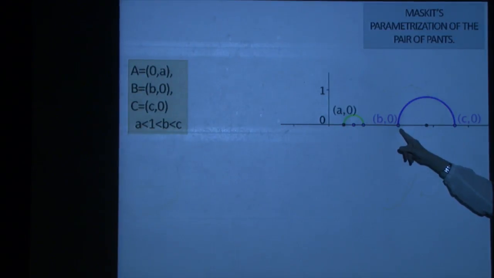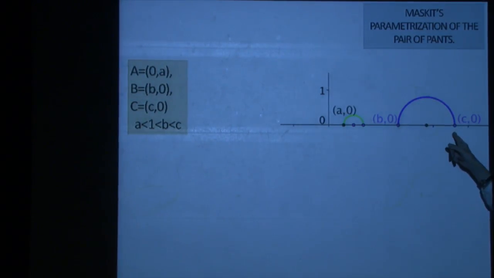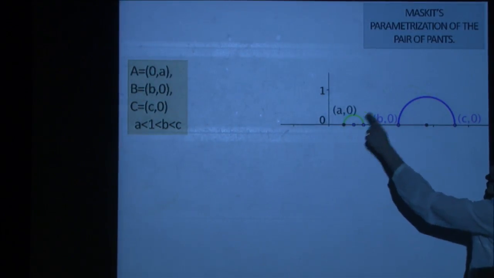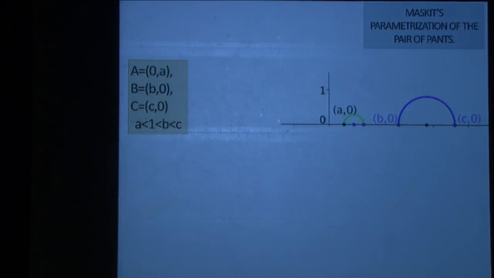B is a number larger than 1, and C is a number larger than B. Then I'm going to draw the geodesics, which, well, you have to trust me, we didn't explain it a lot, but these are half circles perpendicular to the boundary of the space.